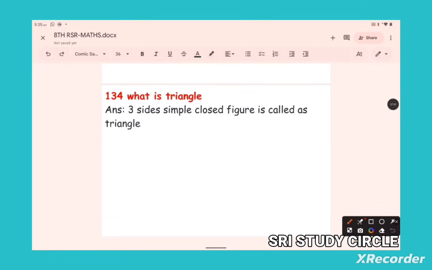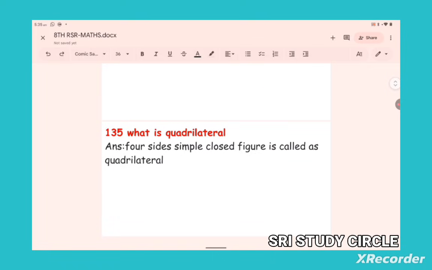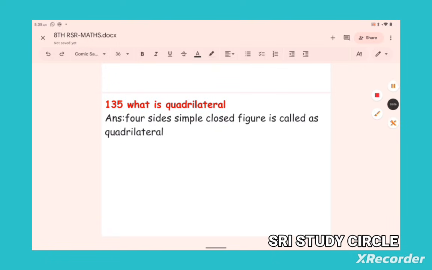A 3-sided simple closed figure is called a triangle. What is a quadrilateral? A closed figure with 4 sides is called a quadrilateral. How many types of quadrilateral do we have here? 5 types: parallelogram, rectangle, rhombus, square, trapezium.